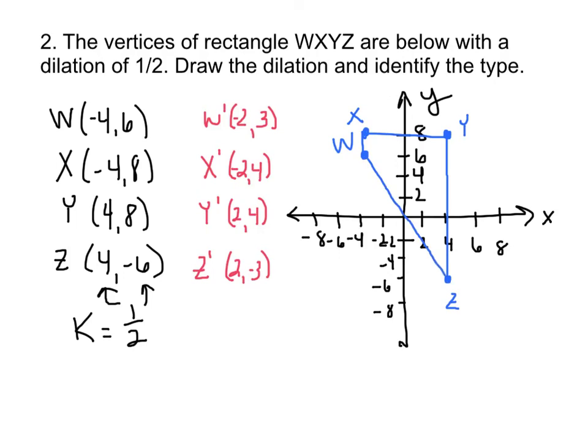So now I'm going to graph W prime, X prime, Y prime, and Z prime with my red. So -2, 3, that's going to be right here. Then I'm going to do -2, 4, which is right there. 2, 4, and 2, -3.